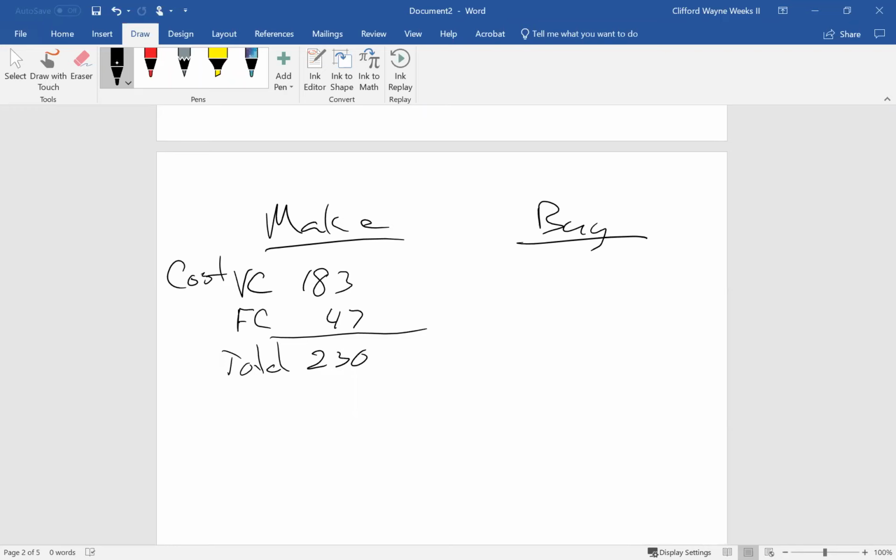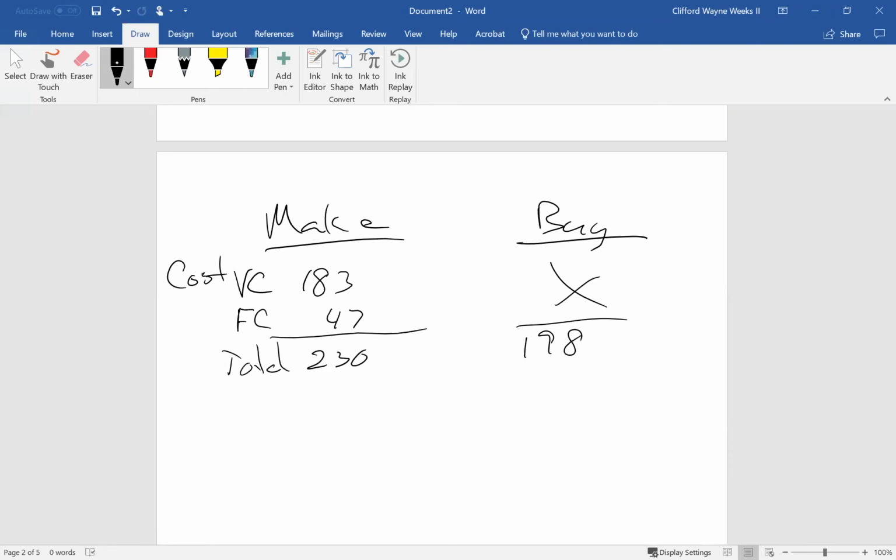I can't do that in my head. It's 198. Too many zeros in my eyes. So we have a total cost here. It doesn't give us any breakdown because it doesn't matter. It's one price, $198 to buy that bread.